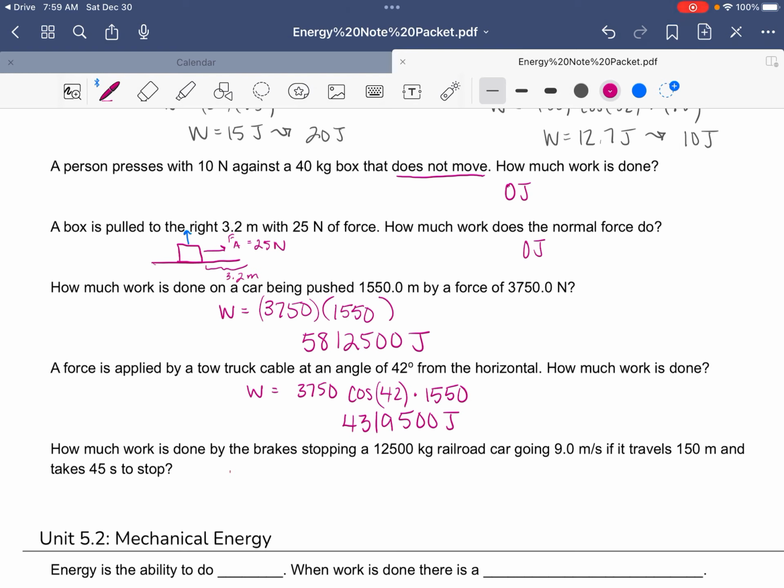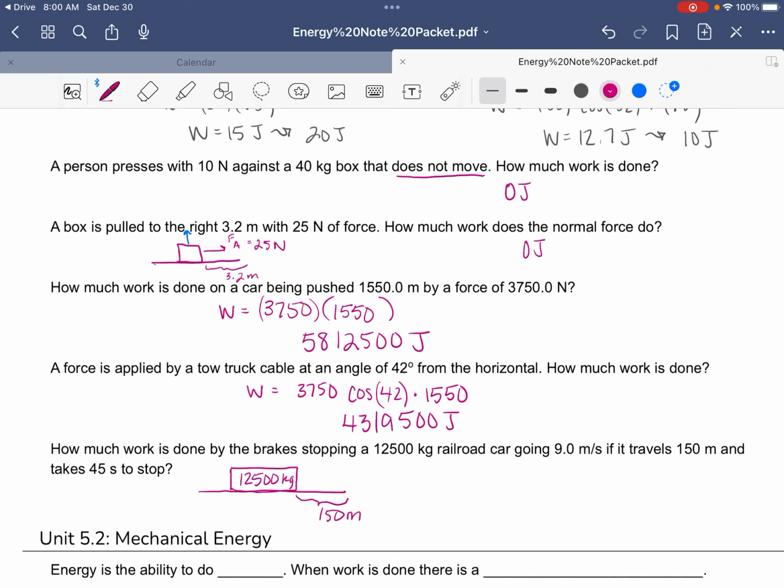So I have my railroad car, and it has a mass of 12,500 kilograms. Okay, and it travels 150 meters.